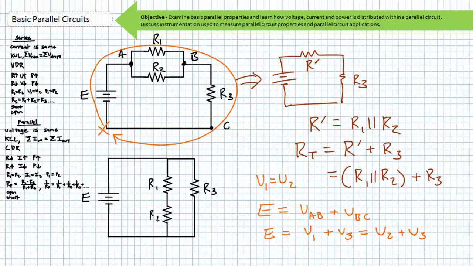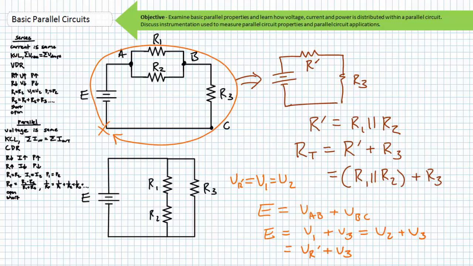V1 equals V2, and if we were to use our imaginary resistance R prime, the voltage drop across R prime is equal to V1, which is equal to V2. For an additional iteration of our Kirchhoff's voltage law, E equals VR prime plus V3.